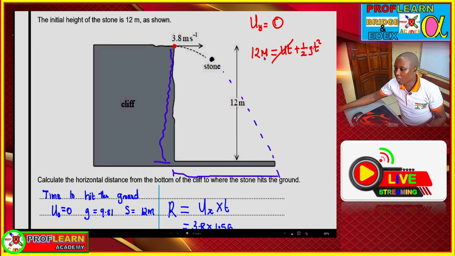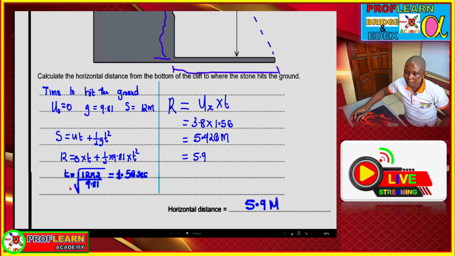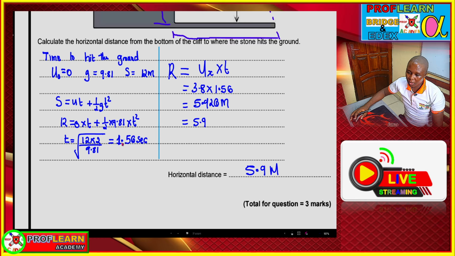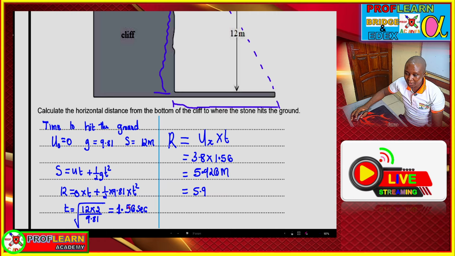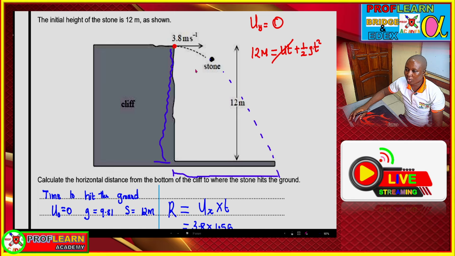Here we are going to use this equation so that we get the time it takes the stone to cover this height, and if you work it out, you are going to get 1.56 seconds. Then you use the same time to calculate the range, because the object in the horizontal direction will be moving at a constant speed.